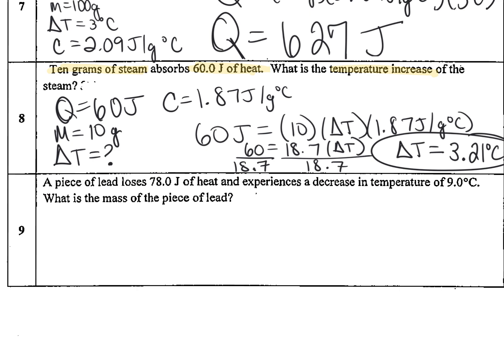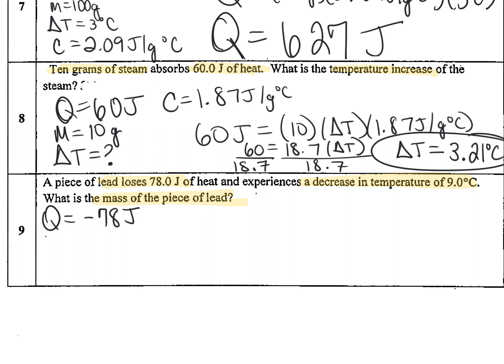And the last problem says a piece of lead loses 78 joules of heat and experiences a decrease in temperature of 9 degrees Celsius. What is the mass of the piece of lead? So again, this one is a little bit different. We have our Q, we are losing heat, so that's a negative 78 joules of energy.